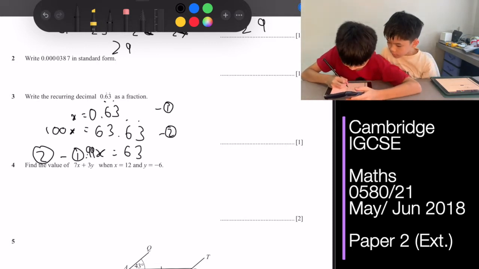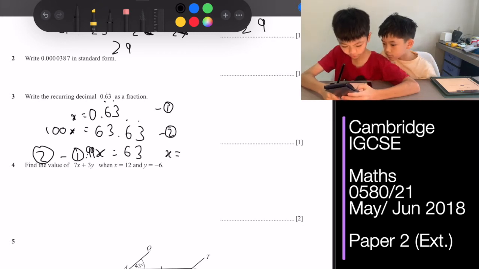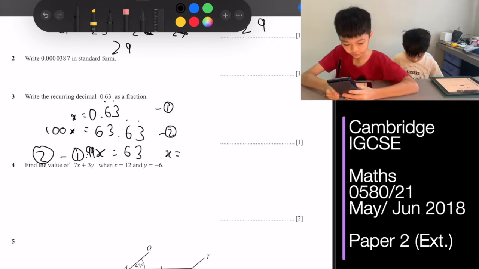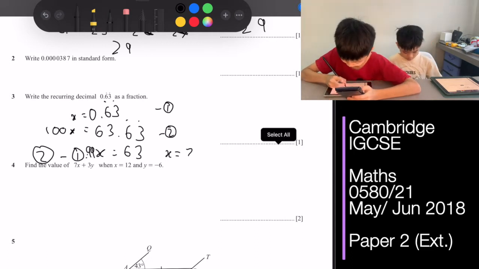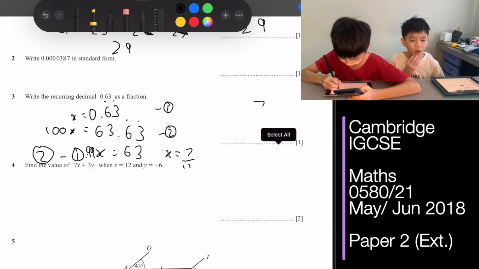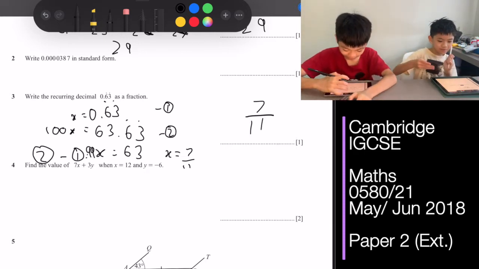So x equals to 63 over 99, which, put in fraction form, is 7/11. Yeah, 7 out of 11. Basically what I said.